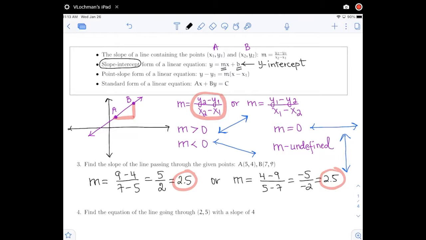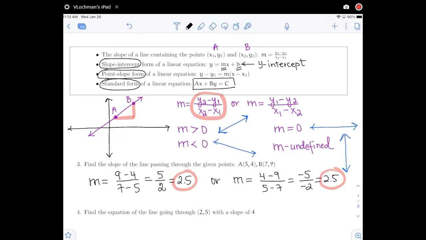Then we have point-slope form. This one is used when you know the slope and any point on the line, and you would like to come up with an equation of the line. It's a constructive equation that we use when we're given information about our line. And then standard form combines terms in a form like this: ax plus by is equal to c.